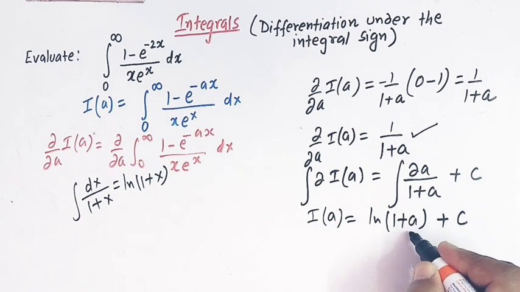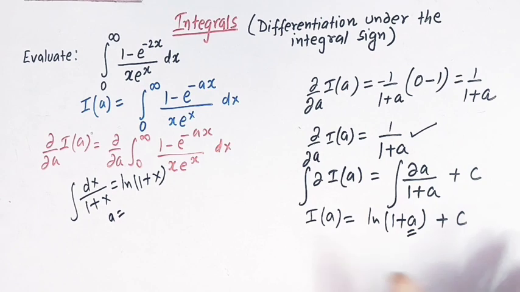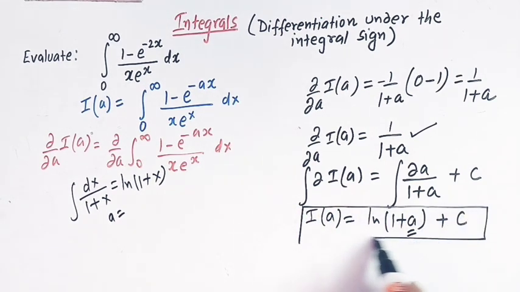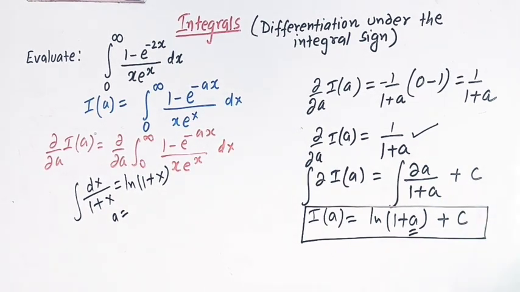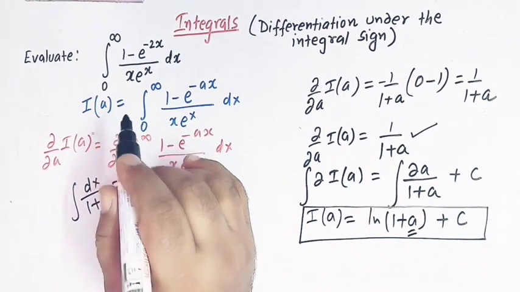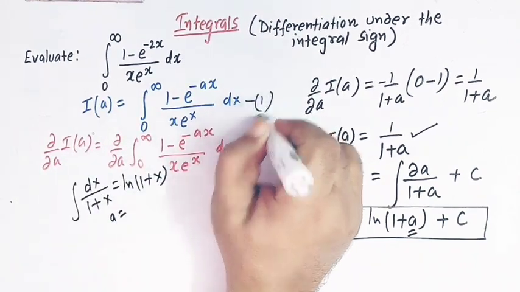So now our aim is to find the value of c. So for this, we use the initial value conditions. So what we will do, let us take a equal to 0 in this integral.